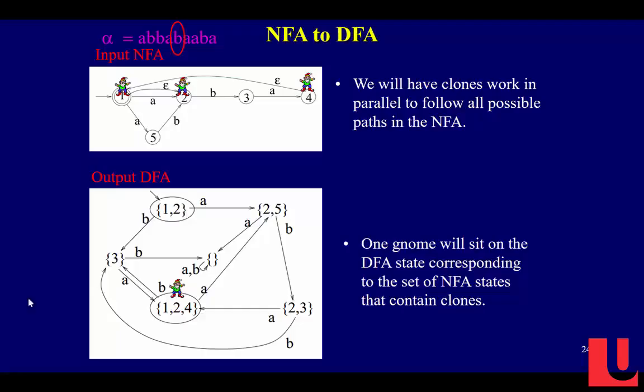So in general they can blow up exponentially, and how we build the DFA is for every subset of the states, we have a state here. And what is this gnome, remember? This gnome knows that given the string so far, there's a gnome here, here, and here in the NFA. People get that?